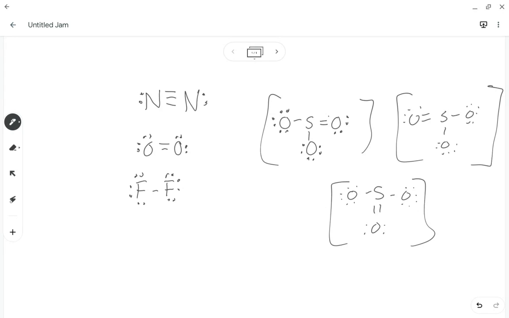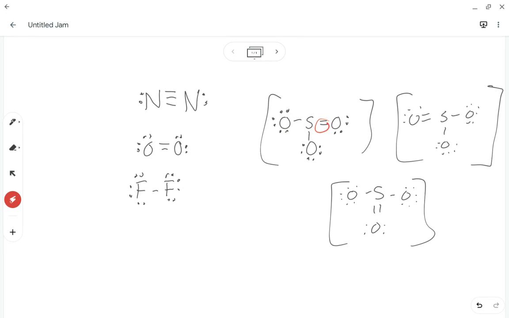Because when we measure the bond lengths in sulfur trioxide, we don't find that one bond is longer than the other, or that two bonds are longer and one bond is shorter, like we would if it was two single bonds and a double bond. What we find is that all three of these bonds are the exact same length, and they're in between the lengths of a traditional single bond and a double bond, which implies that what we actually have is more like about 1 1/3 bonds at each location.